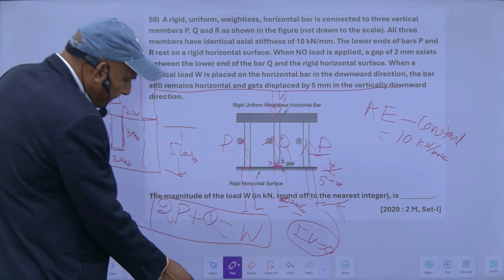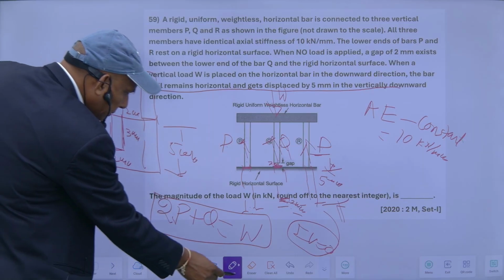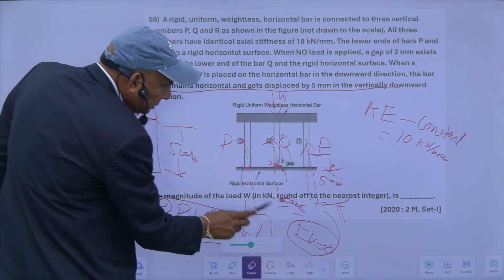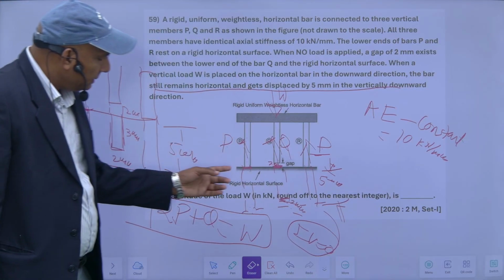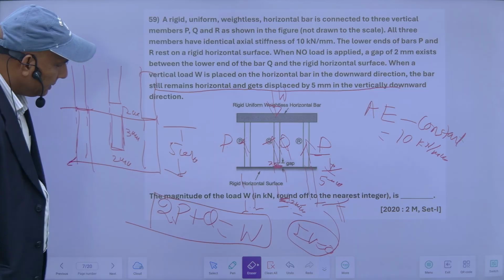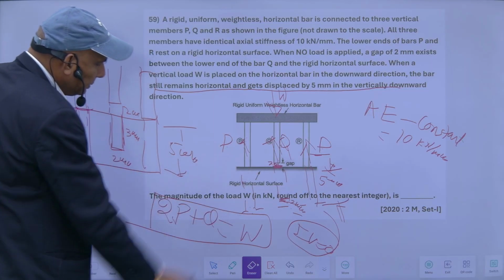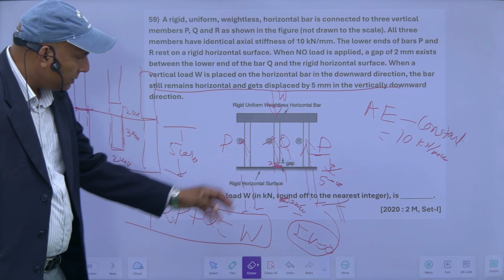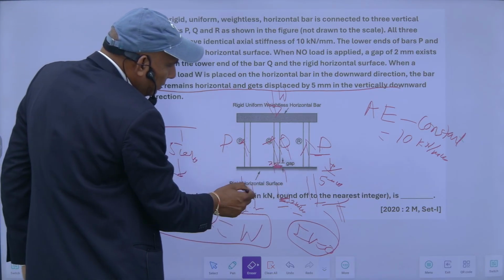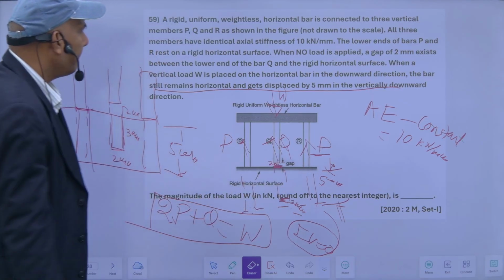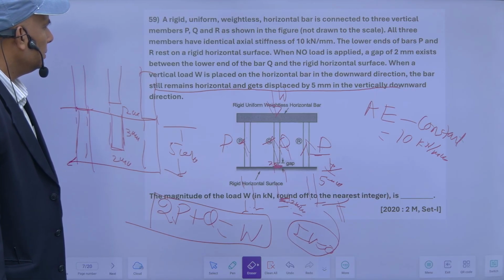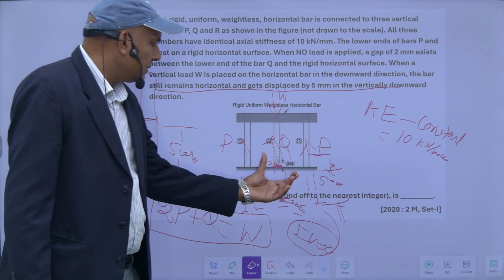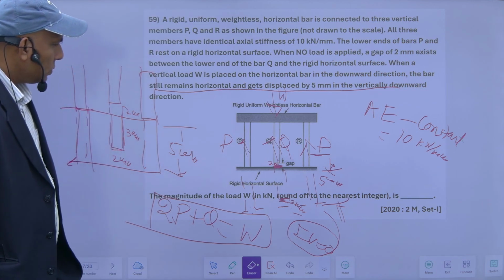Second is this. If I take moment about this end, then if I take moment about A, it will be this P into... this distance is not given.